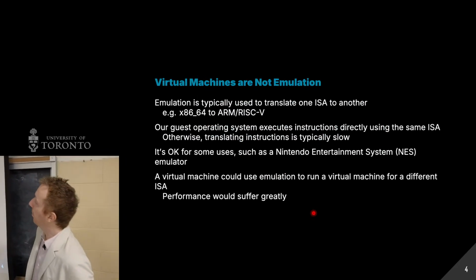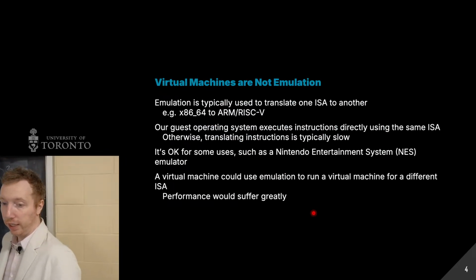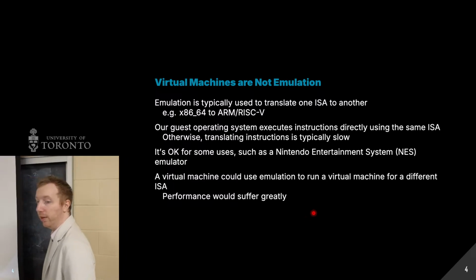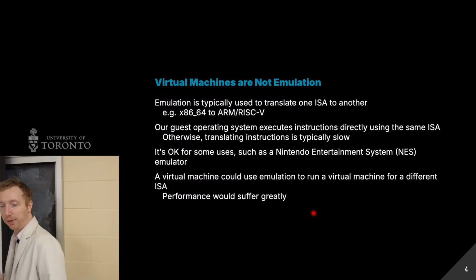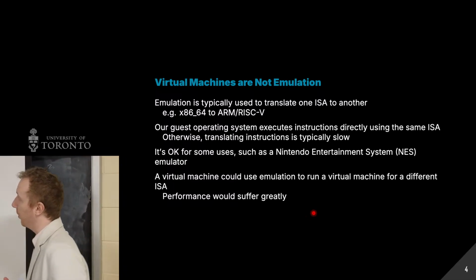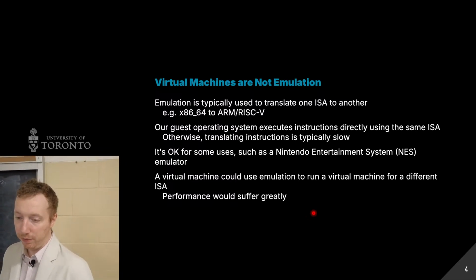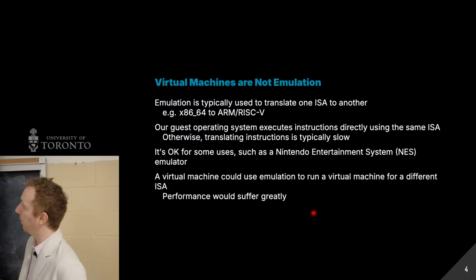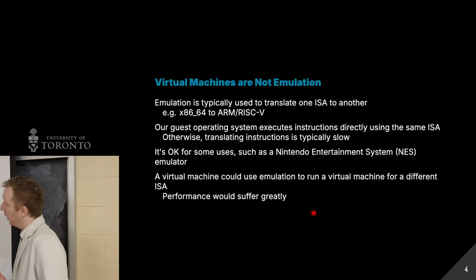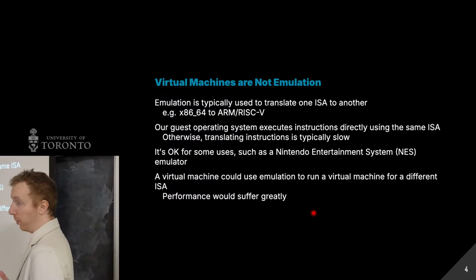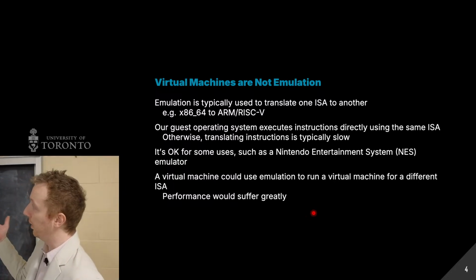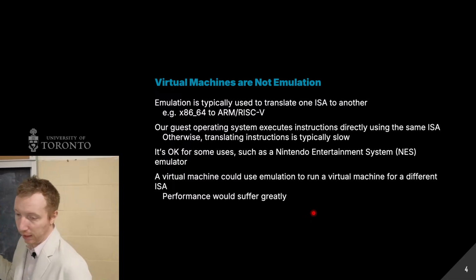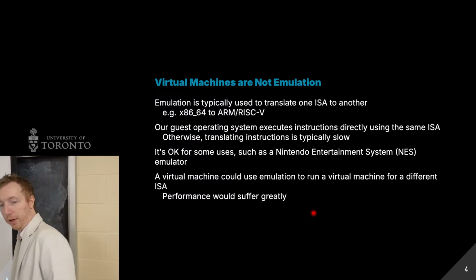So it should be noted that virtual machines are not emulation. So emulation is typically used to translate one ISA or instruction set architecture to another. So like x86 64-bit to ARM or RISC-V or the other way around. On newer Macs with the M series CPUs, it actually translates x86 to ARM very, very quickly.